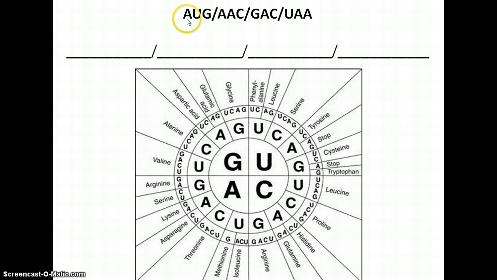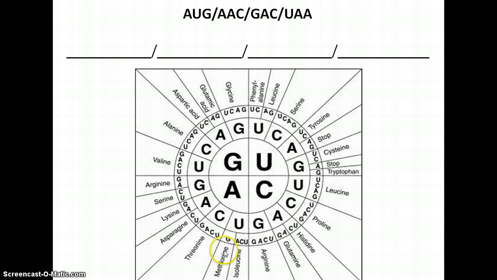We have a letter A, so we're going to start here in this quadrant. Then you go to your second letter next. So we're going to go A, then U, okay, then G as our third letter.